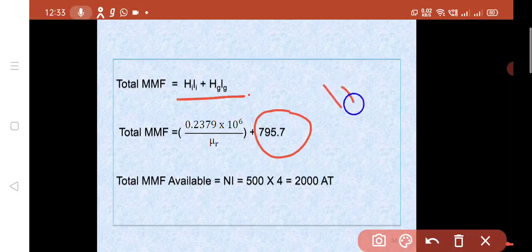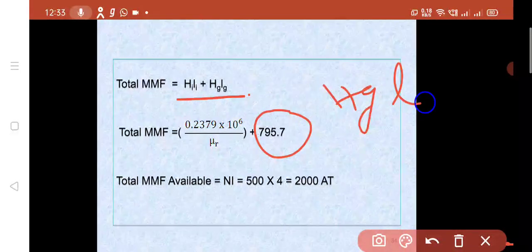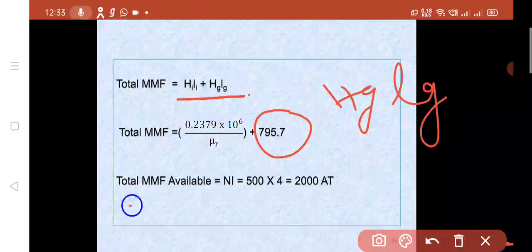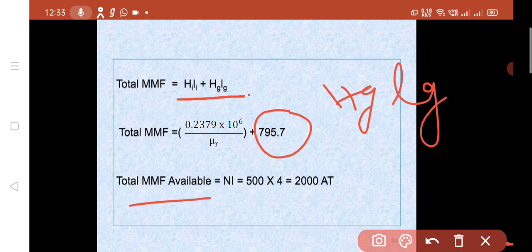So total MMF available, Ni, where N is equal to 500 and I is equal to 4, is 2000 ampere turns.